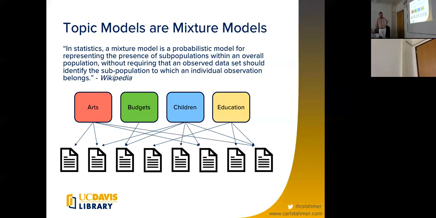The answer is neither. Well, a half neither. The reason I hesitate is because the model assumes that every document I put into it belongs to at least one topic, one category. That's an assumption. So it can't find a topic that no document belongs to. But figuring out how many topics there are is a big part of the topic modeling community.